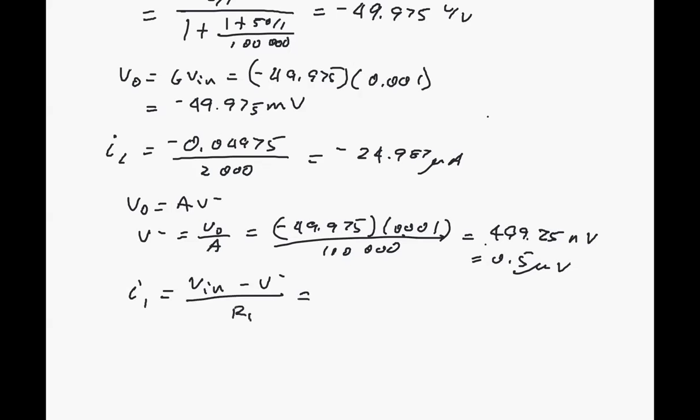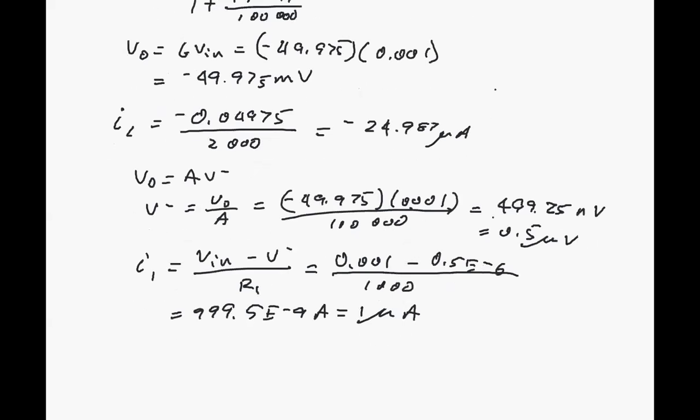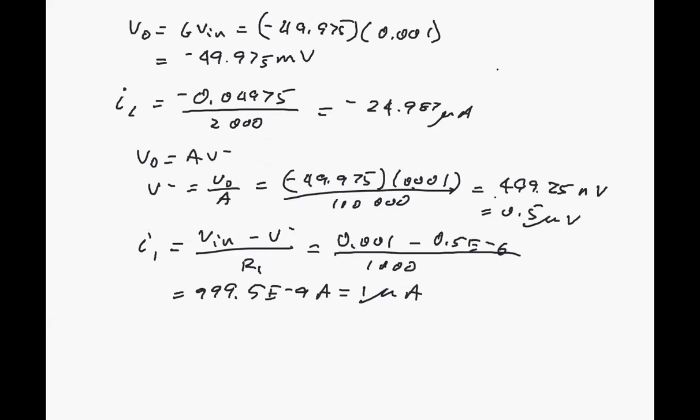So that's 0.001 minus 0.5 e to the minus 6, half a microvolt, divided by 1,000. And that gets us 999.5 e to the minus 9 amps, which is pretty close to 1 microamp. That's what we would get if we had an infinite gain.